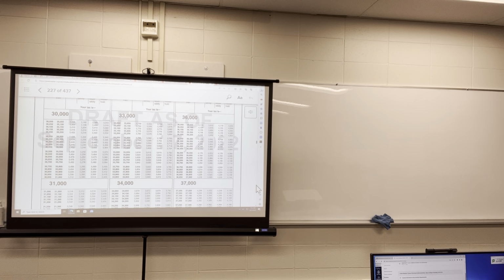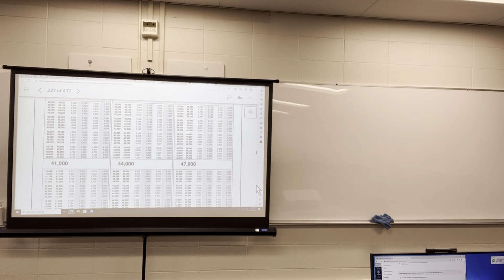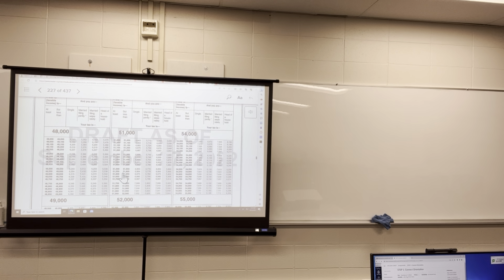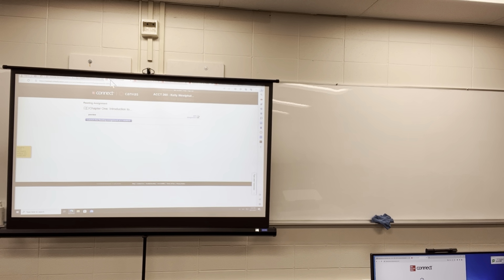Scroll down. $48,305 is between $48,300 and $48,350. They're married, filing jointly, so we go over to the second column, and the amount is $53.88. Brilliant. You see that?